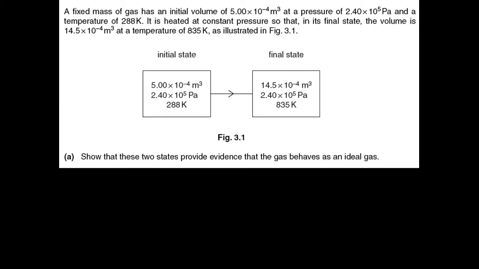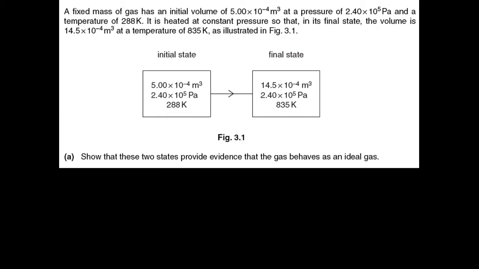We just discussed the definition of an ideal gas. An ideal gas is a gas that obeys PV over T equals constant, or pressure times volume divided by temperature equals constant.